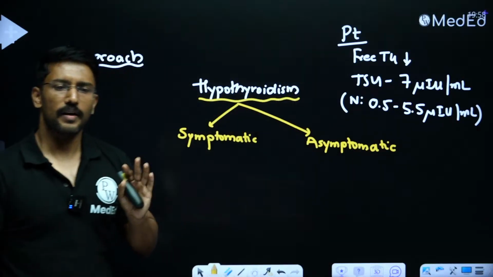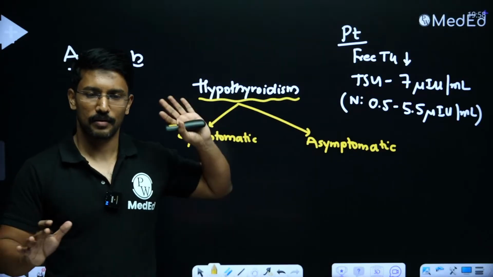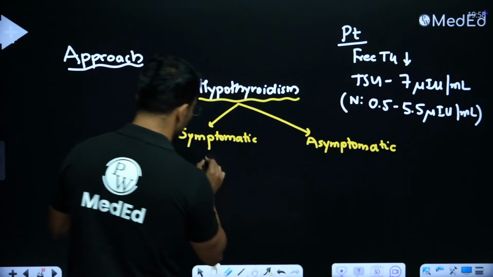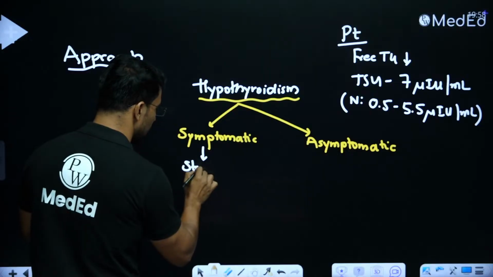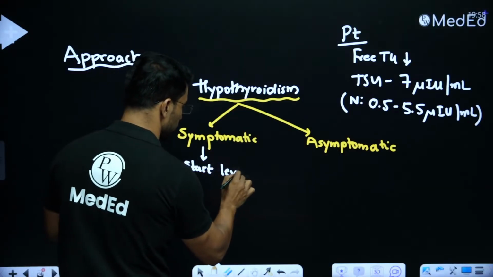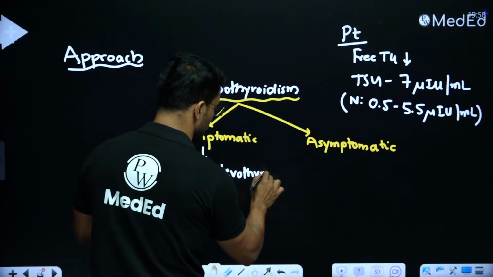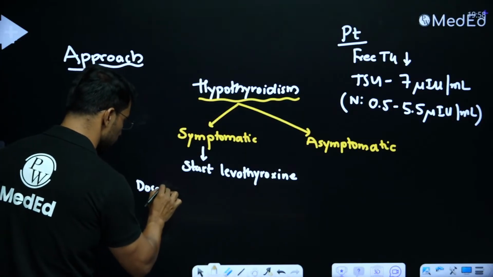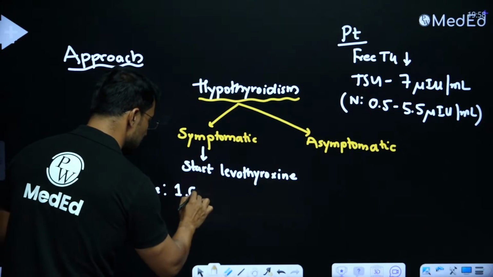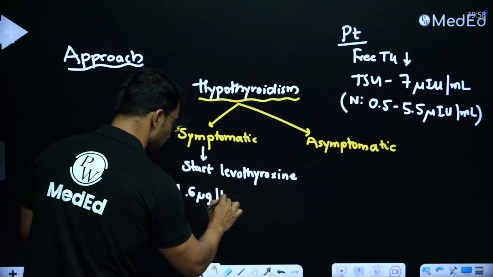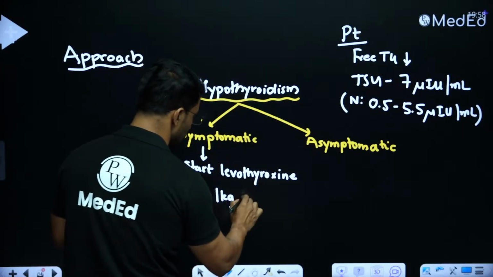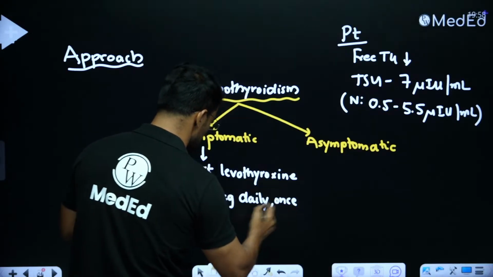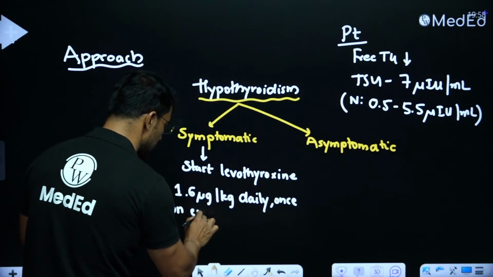जो भी सिम्टोमैटिक है उनको तो ट्रीट करना ही पड़ेगा, राइट? देयर होल मेटाबॉलिज्म इज गेटिंग अफेक्टेड, सो दे नीड टू बी ट्रीटेड. So then we will start levothyroxine therapy. The dose is going to be 1.6 micrograms per kg daily, once on empty stomach, right?